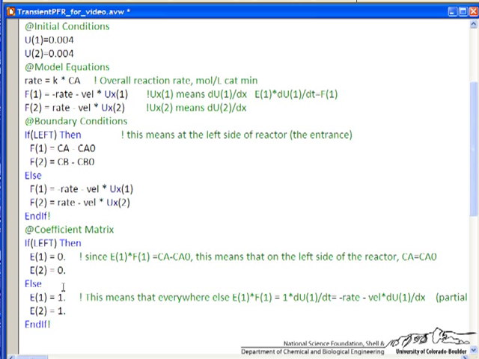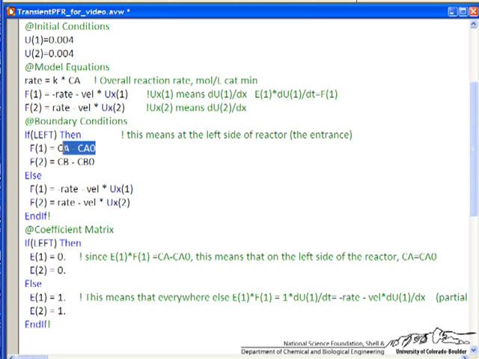So the coefficient matrix says that at the left side, the inlet, E1 equals 0. So I tried to put an explanation here since E1 times F1 on the left side is this concentration difference. The left side of this equation is 0, which means the right side is 0, which means at the inlet, Ca is equal to Ca0.